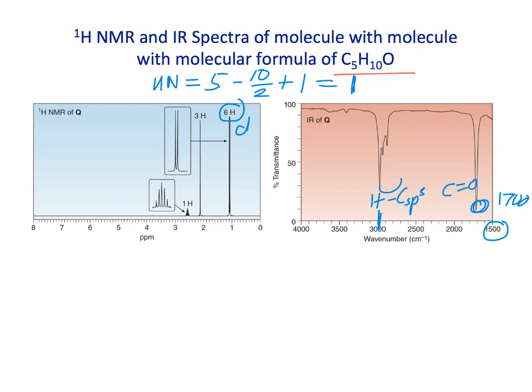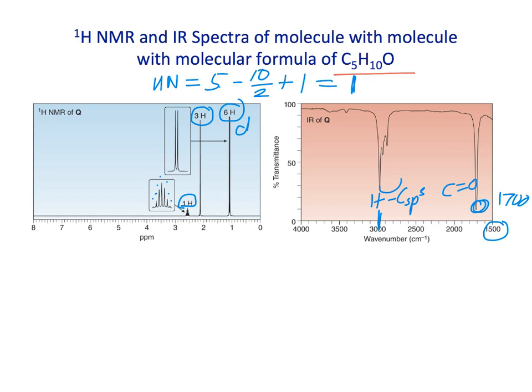We have a singlet for 3 protons, and we have this complicated signal here for 1 proton. If we try to count that, it'd be 1, 2, 3, 4, 5, 6, 7. Septet. All right, so what kind of pieces can we pull out of this spectrum?